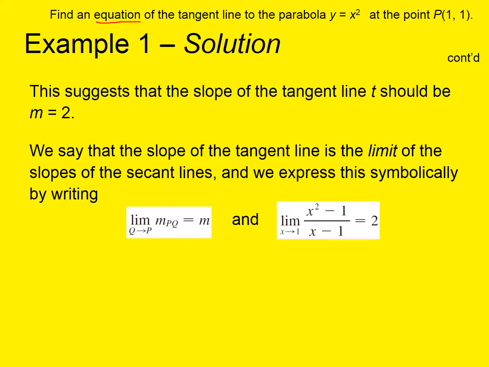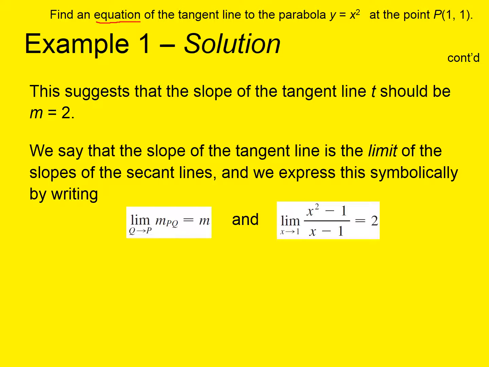Okay, well, we write the limit as point Q approaches point P of the slope of line PQ equals m. Okay, that's the slope of the pink line.